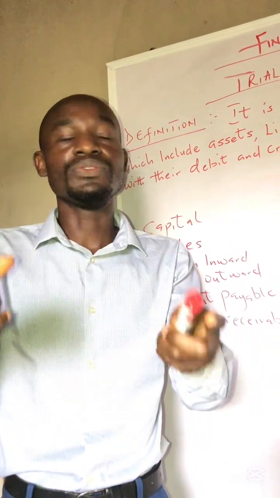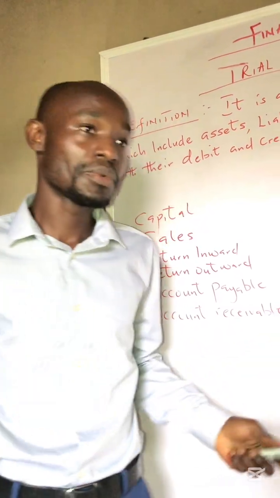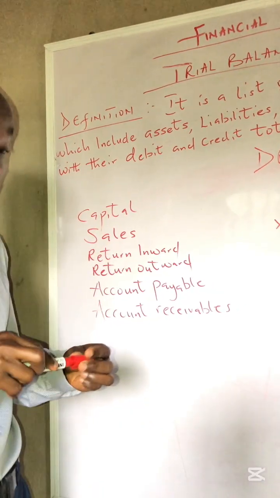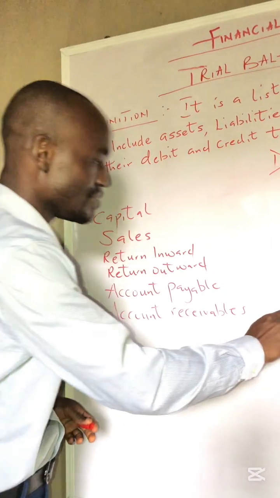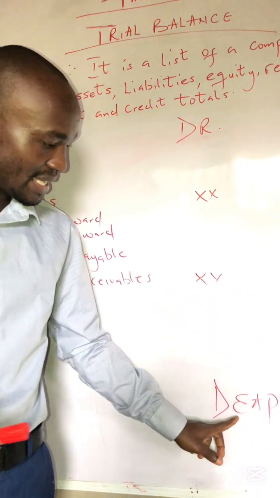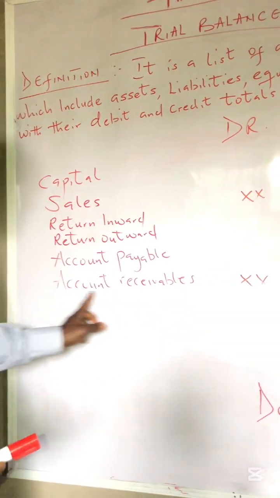So you see it as a debtor. Account receivable is an asset under the balance sheet, a current asset, so we put it at the debit side. That's why we say we debit assets.